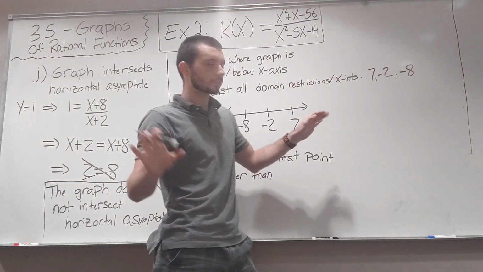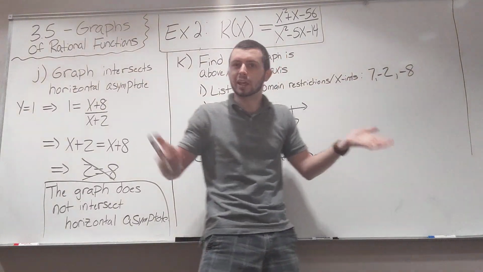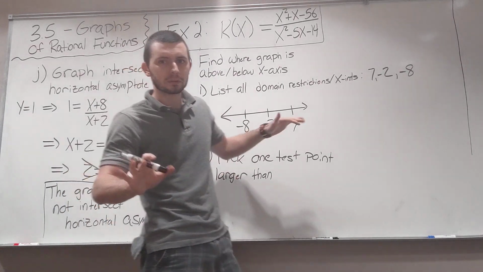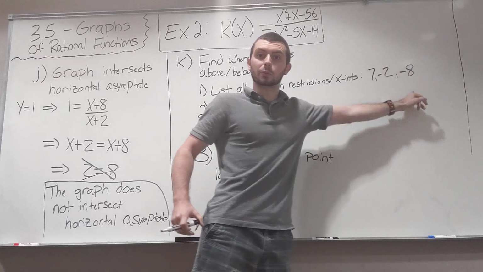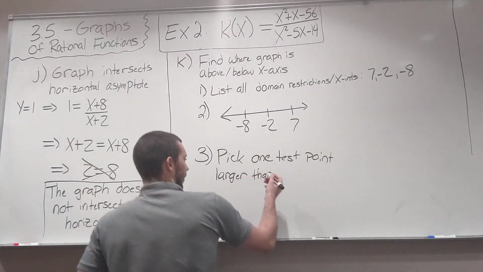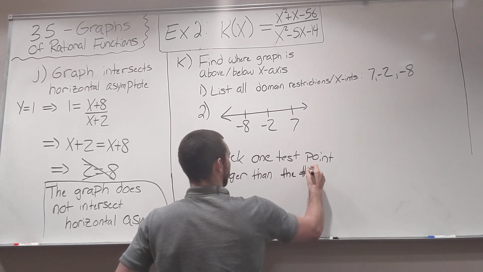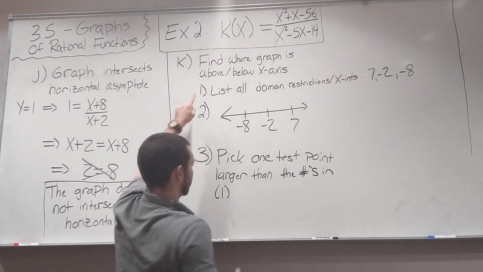Just any number that's larger than all 3 of these. So 8, you could pick 10, you could pick 100. It's just any x value that's simply larger than all 3 of these, larger than the numbers in part 1 up here.